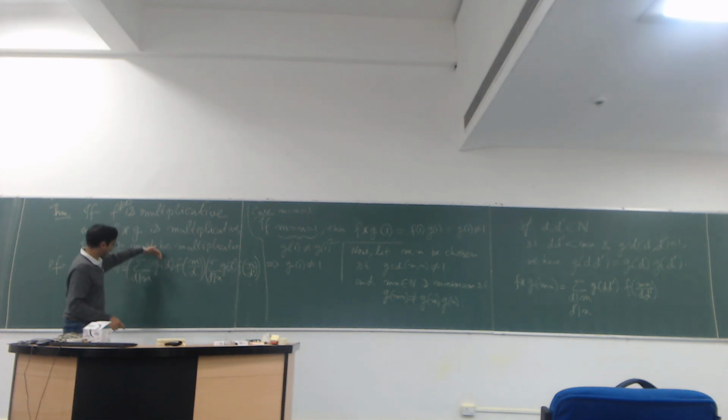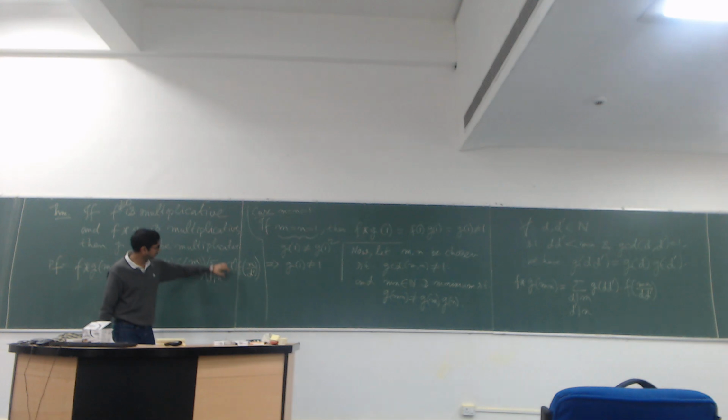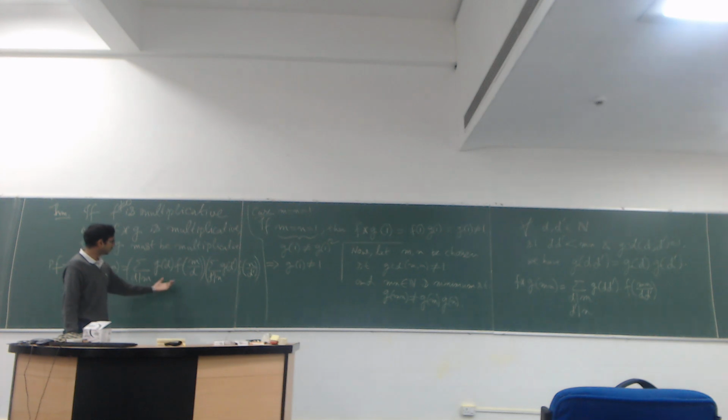So when is this equal to G of M? When this d is equal to M. So the argument of F is equal to 1, and F of 1 is 1, right? And what is happening here, again, when this is N, this is 1, so F of 1 is 1. So that is G of M times G of N. That is a term which should not be here. And instead, what term was there?